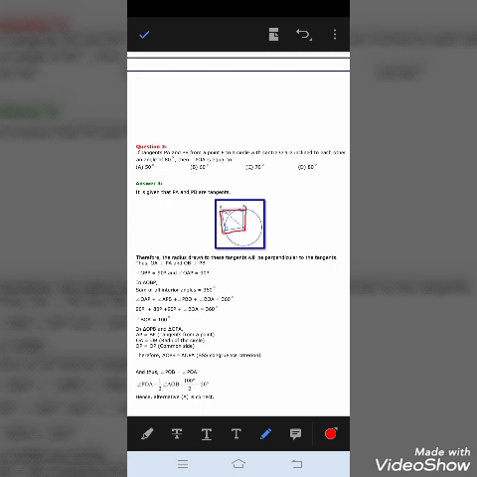So we can take all the angles: OAP plus APB plus PBO plus BOA is 360 degrees. By substituting all the values here, we can get angle BOA.